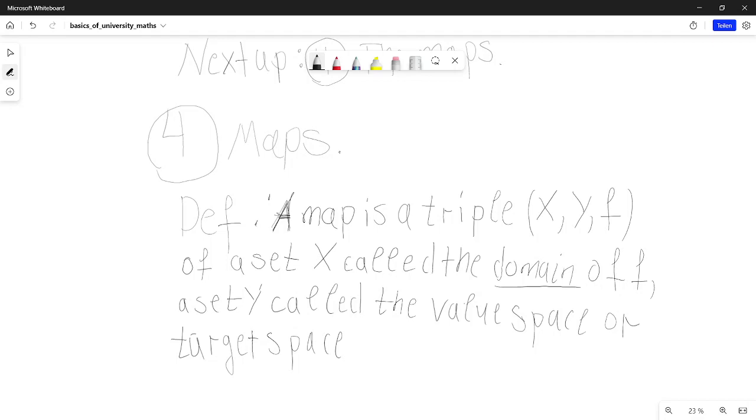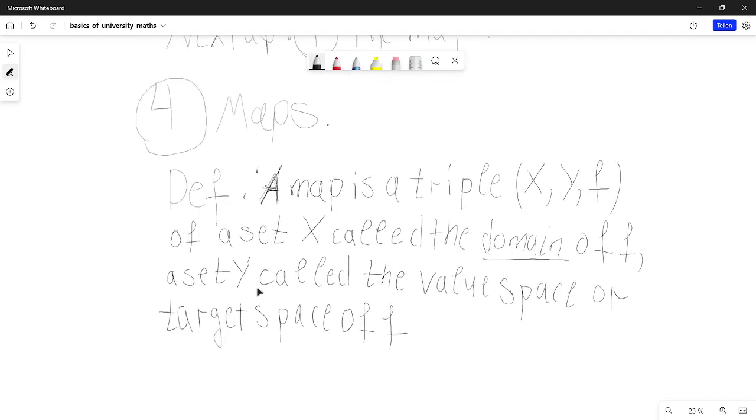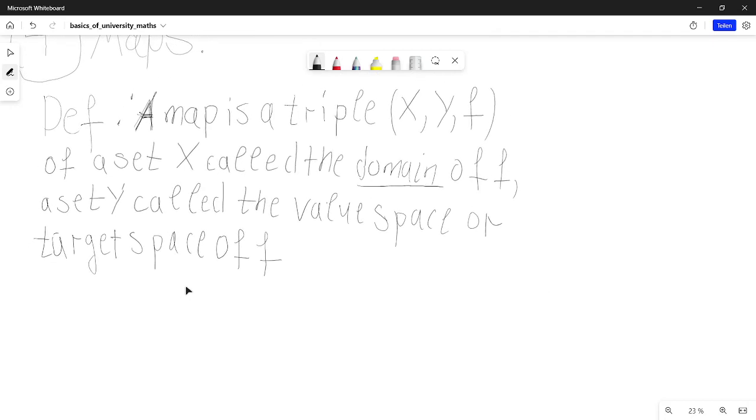If you recall, a function or a map is just an assignment that assigns to every element of a set, I mean, if you recall from school, this definition fits. We are just making it precise.